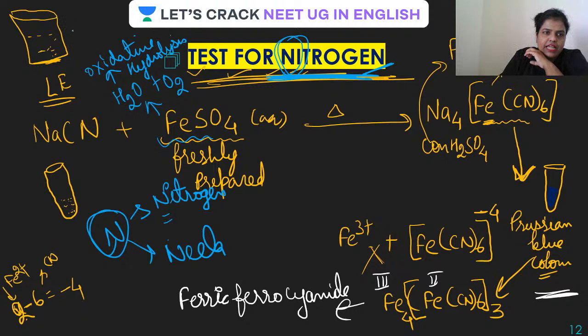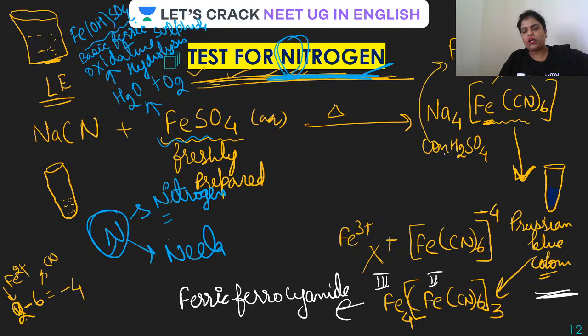After that you will have basic ferric sulfate. The formula of basic ferric sulfate is this. If it is basic ferric sulfate, it will get neutralized, and then the entire H2SO4 is utilized in neutralizing that.